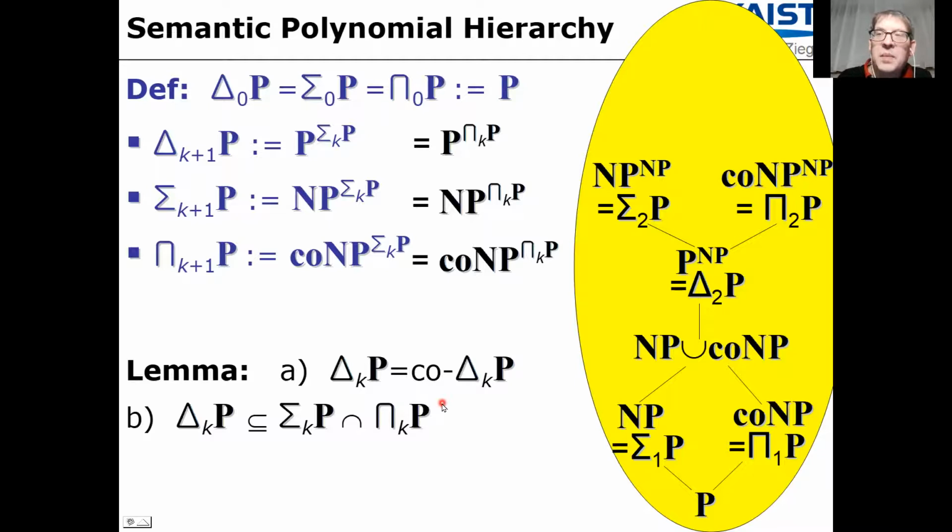And the second thing I'm now asking you to prove at home is that this inclusion, that the deterministic relativized problem is contained in the non-deterministic and the co-non-deterministic for every oracle actually, and in particular for sigma k minus 1, pi k minus 1 oracle in the induction step of this statement.